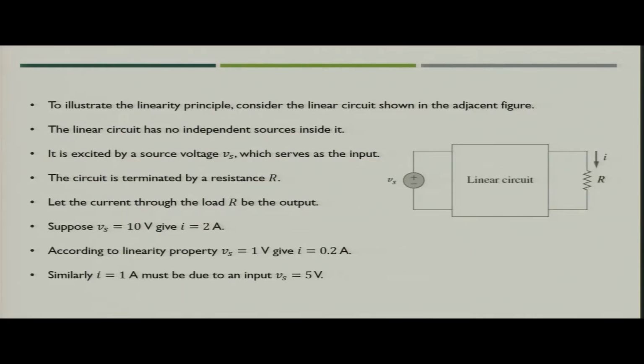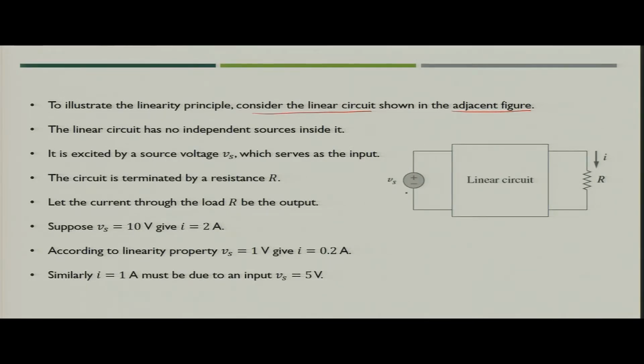Now, let us take one example to better understand the linearity property. Let us consider one linear circuit shown in the figure below. Here we have a linear circuit which is inside this box. We do not know what the configuration of that circuit is.